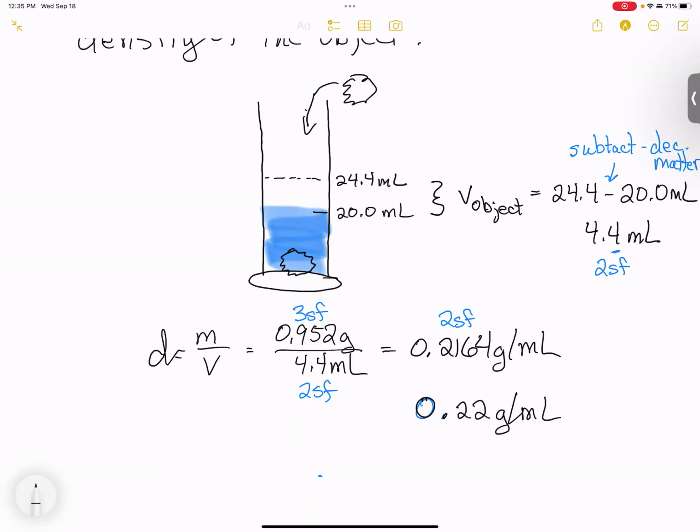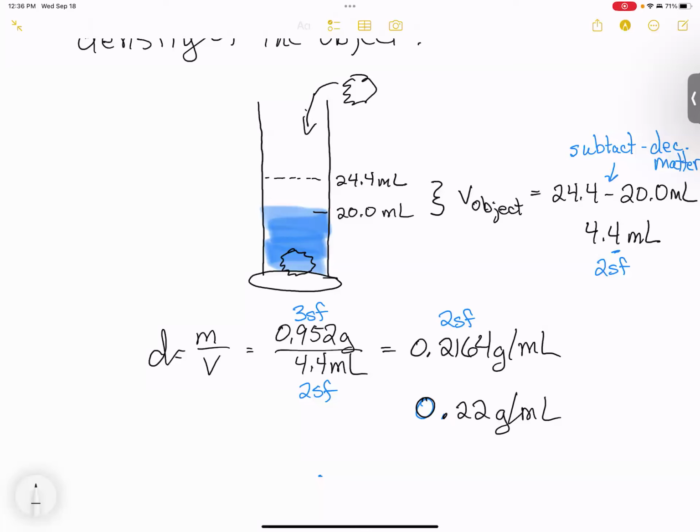Folks, what you should be noting comes back to the way I said that these values were determined. Mass, you simply place the object on a balance, a scale, and you get the mass. So the mass is always a given number. It's the volume that we have to figure out. And the volume can be determined using a couple of different methods. It all depends upon whether it's a regular shaped object or an irregular shaped object.